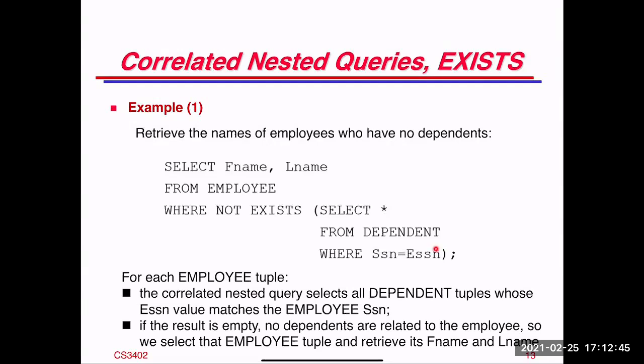Now, if there aren't any tuples, if the result set of the select statement here is empty, then no dependents are related to the employee. And we want to find all the employees that don't have dependents. So we want this to evaluate to true. So we write not exists here.